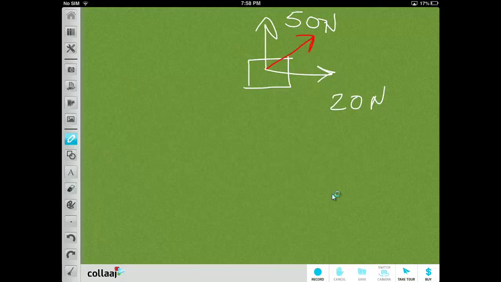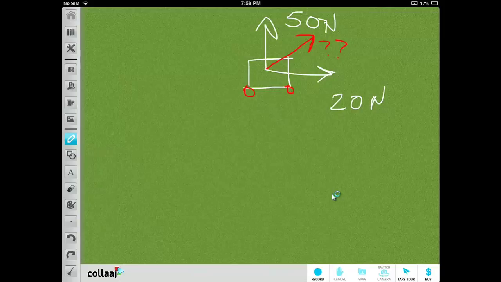Try to imagine that. So the object is going to be moving in a net force to this direction. How can we calculate this force and the direction of this force? This is our question. So we are going to use the Pythagorean theorem.